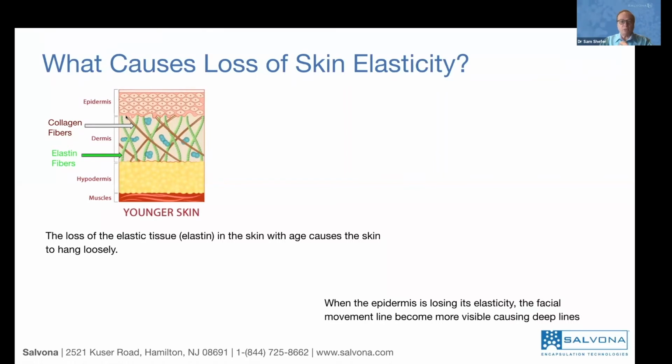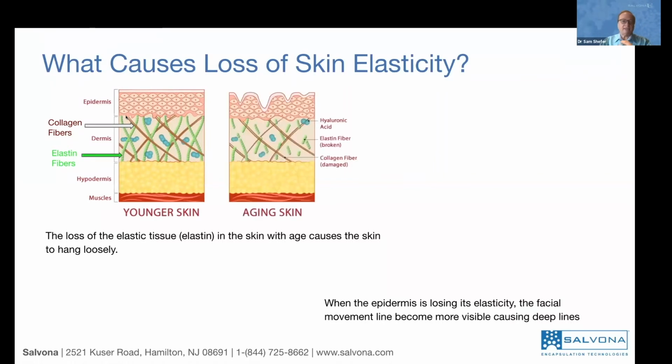Now, what happens with aging, or accelerated by sun and other factors, is that we start to lose the collagen, and the elastin totally breaks down. As a result, there is no support and the epidermis collapses. So we have wrinkles, fine lines.